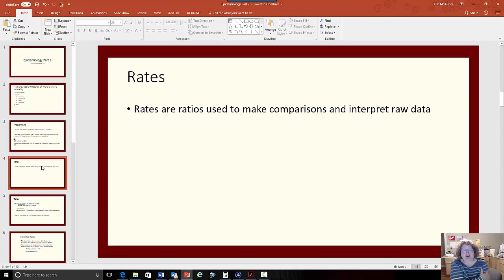Rates are ratios that are used to make comparisons and interpret raw data. Now, rates are not a proportion, because our rates are going to be talking about time. And rates are the measure of frequency of a health event in a population at a certain point in time.